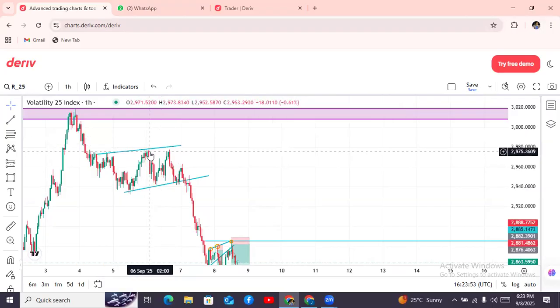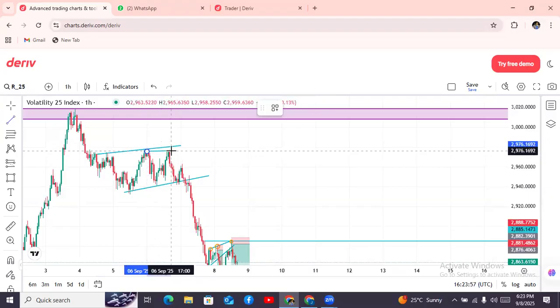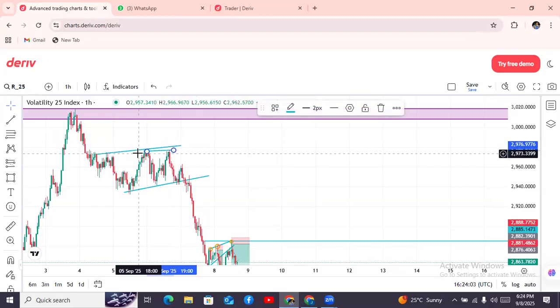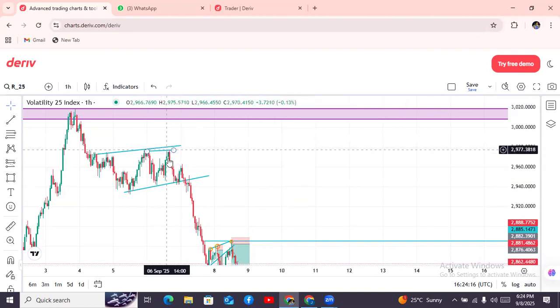Exactly the same repetition. We call it override when we see a double top, a triple top. So the double top was formed because the market never touched for the third time. So this would have been a very nice entry.